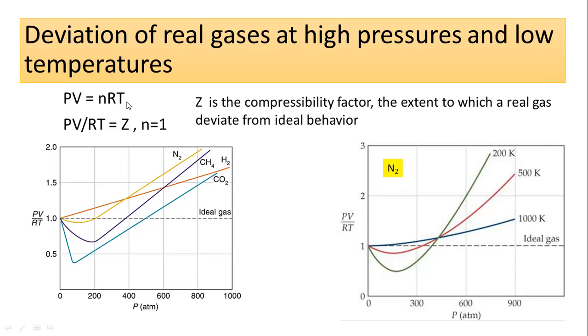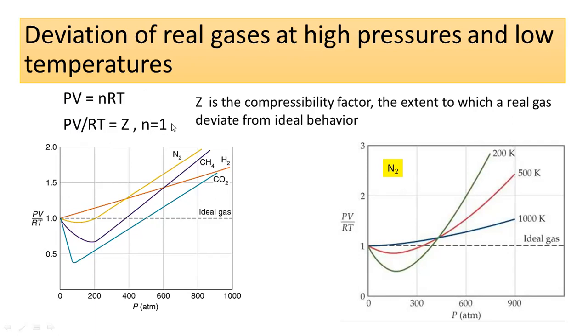Just rearranging this one, I am going to divide PV by N. That means this factor will be equal to this factor. If the value of this is 2, the value here will be 2, and 2 divided by 2 gives you 1. So this is given here as PV divided by NRT.